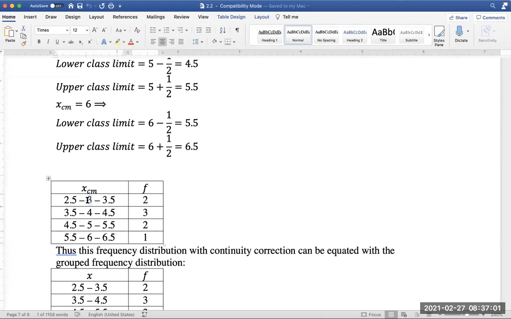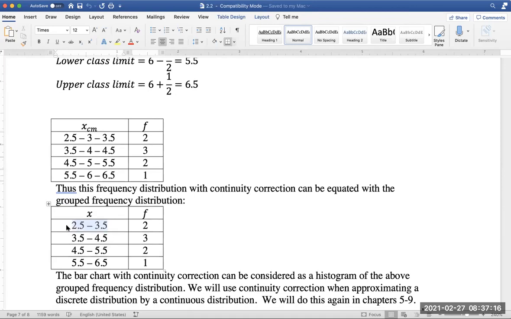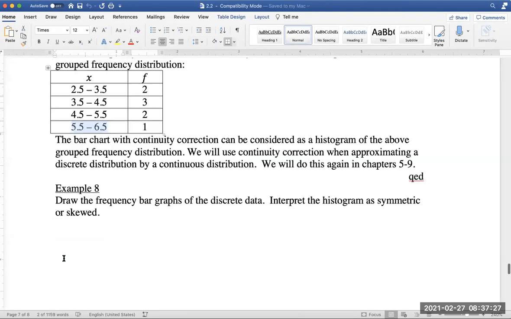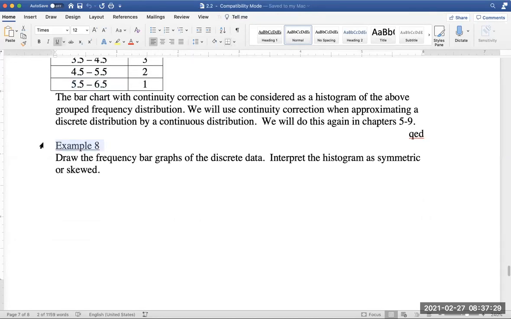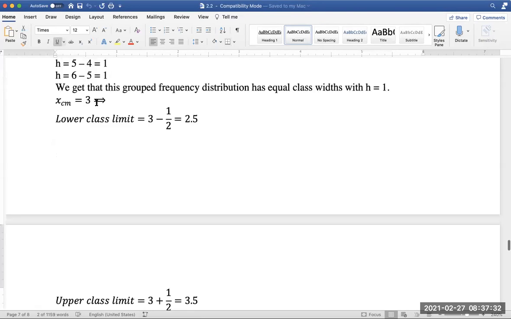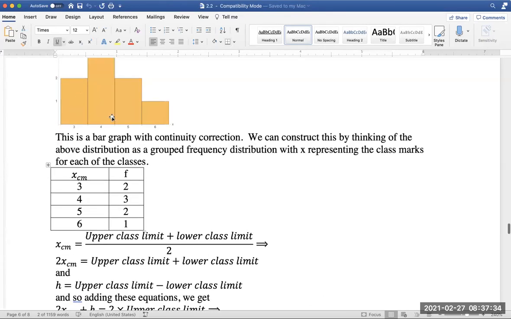Notice the class width is 1, so I'll add 1/2 and subtract 1/2 from each of these class marks. And so I'll get the classes 2.5 to 3.5, 3.5 to 4.5, 4.5 to 5.5, 5.5 to 6.5. And that's how we got something looking like this.